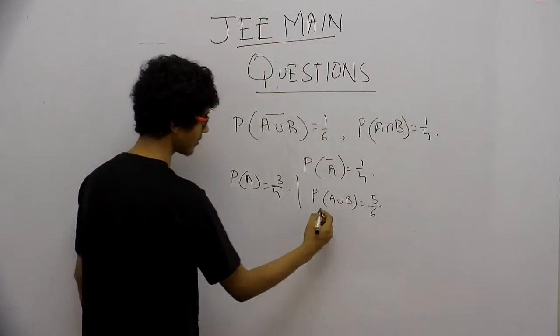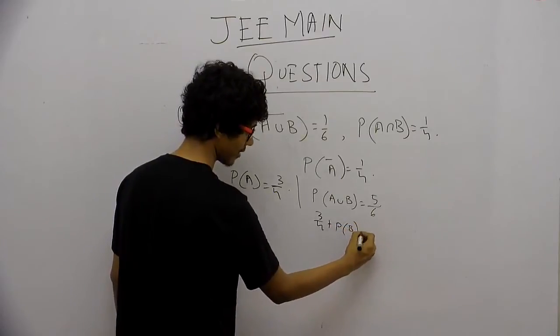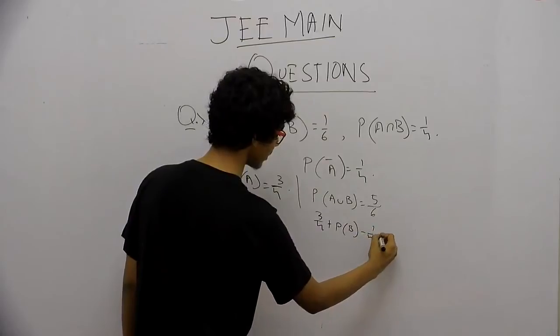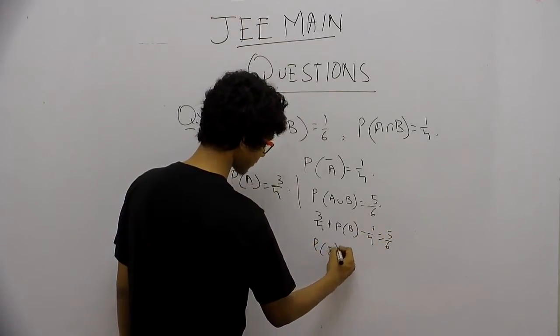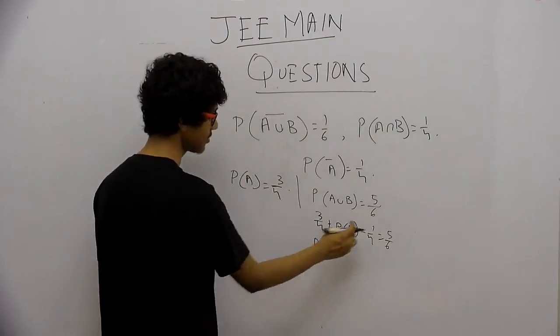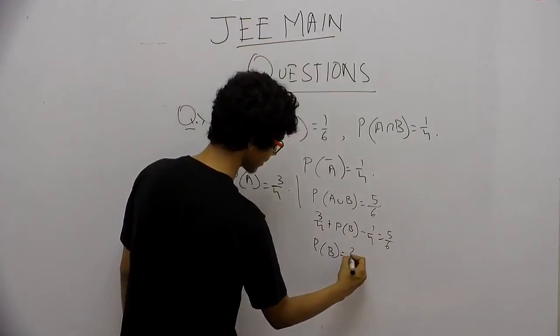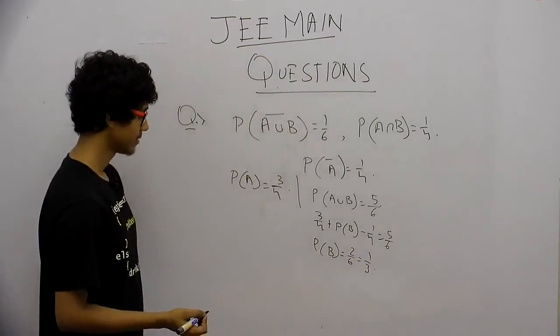P(A) हमारे पास 3/4 है, plus P(B) minus P(A intersection B), that is 1/4. This is 5/6, so we get P(B) equals 5/6 minus half, 3/6, that is 2/6. This is equals to 1/3.